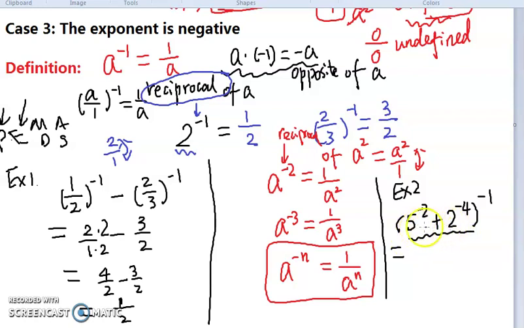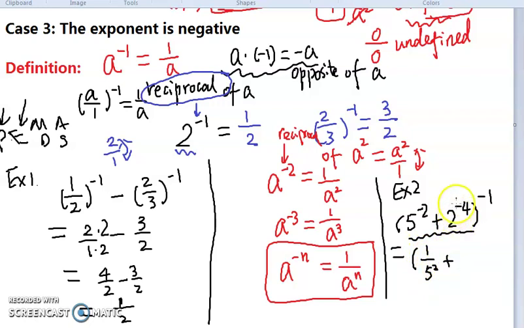But inside the parentheses, there are exponents, so we have to do the exponents first. 5 raised to negative 2, by the definition, means 1 over 5 squared. Again, temporarily ignore the negative sign, we have 5 squared. But because there is a negative in front of 2, we have to flip what we have. So we get 1 over 5 squared.